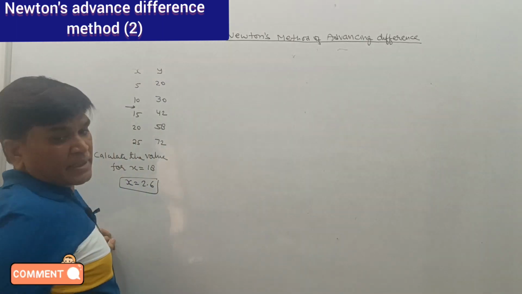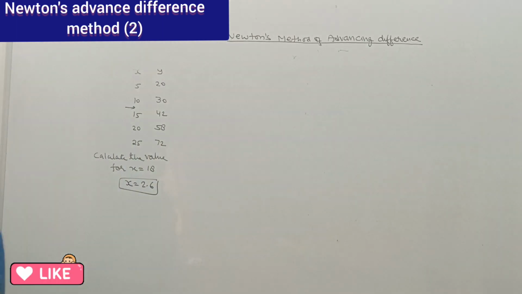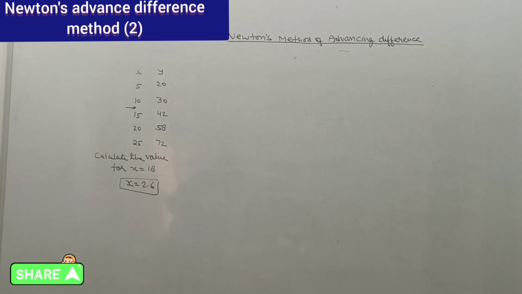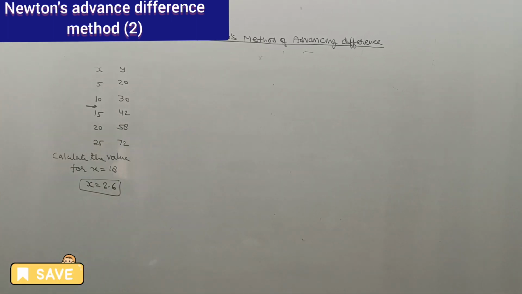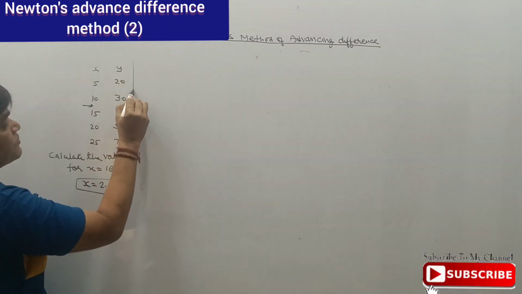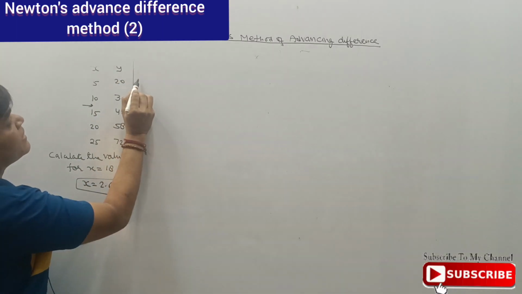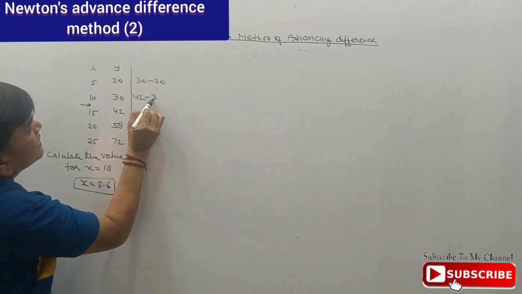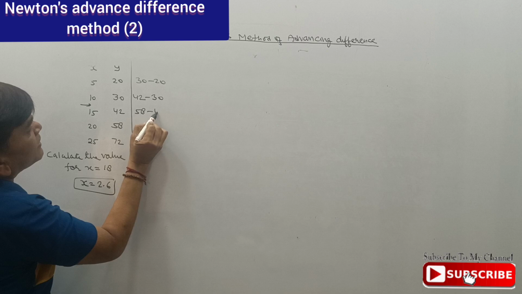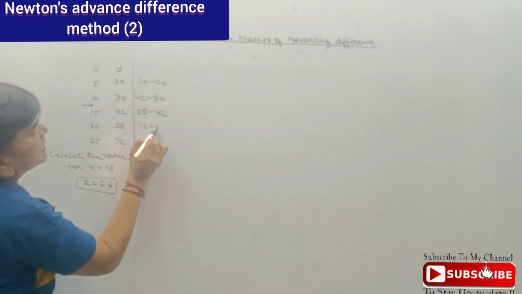First we get the differences of Newton's table with the help of this. The first differences are 30 minus 20, 42 minus 30, 58 minus 42 and 72 minus 58.